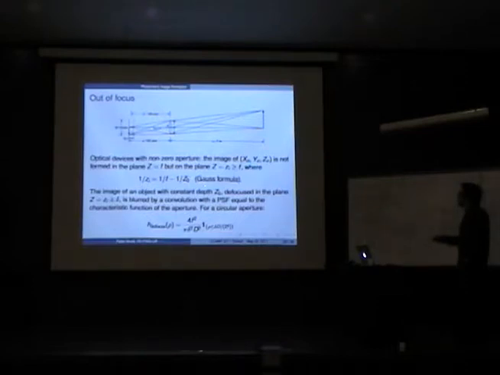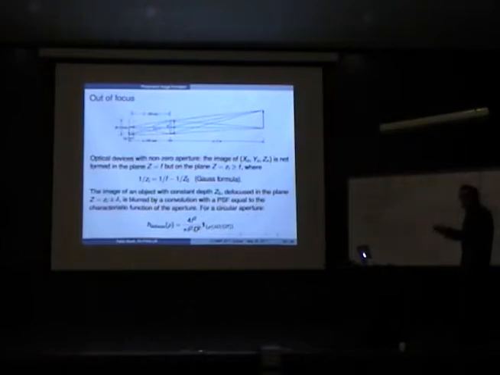And this is given by this formula. So we have a point at z0 here, and it doesn't get focused at f, but at f plus delta, or f minus delta.